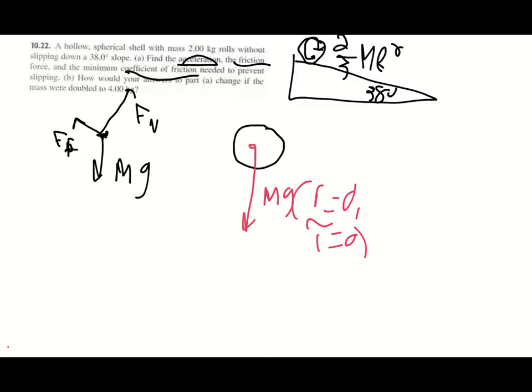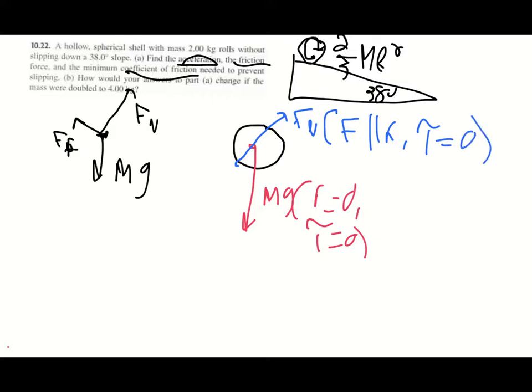The next force we're going to look at is the normal force. It will be applied from the surface like this. But if you look, it's applied along the radius, so the force is parallel to the radius, and that's going to make the torque equal to 0.